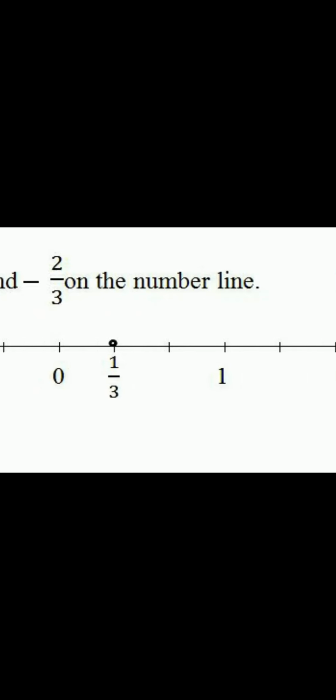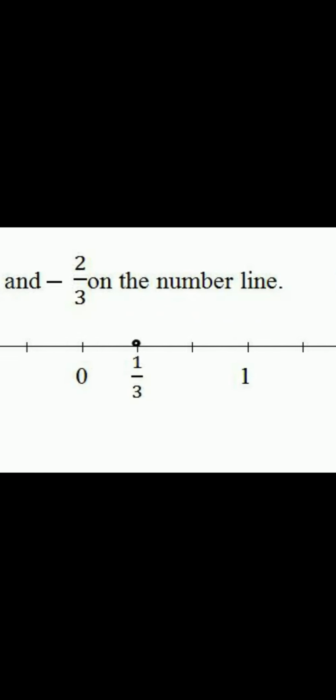Here, I have separated each part on the negative side also, like 0 to minus 1 I have separated into 3 parts, and 0 to 1 I have also separated into 3 parts.